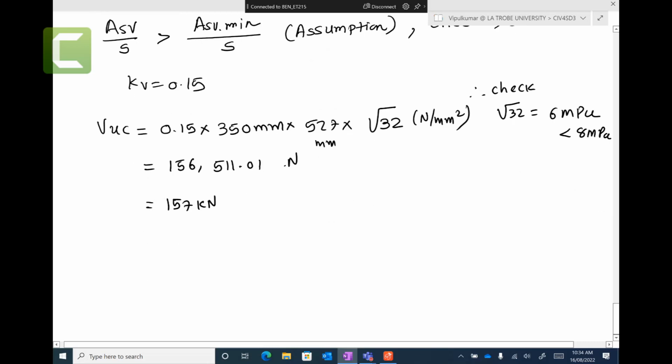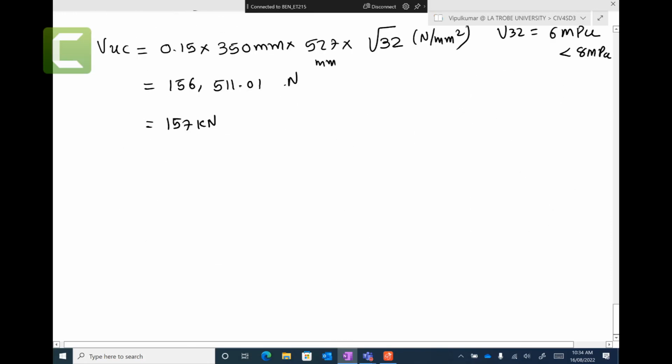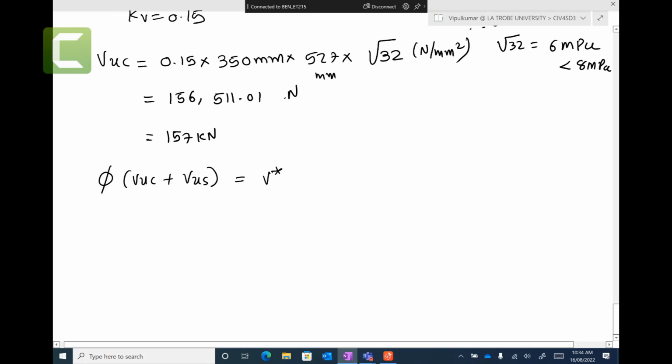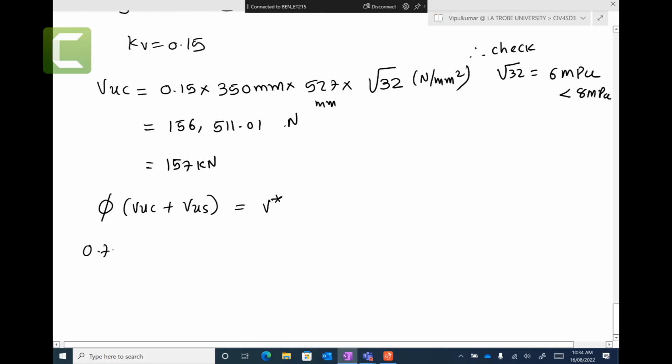Now, how much is the steel going to look after? We have these equations already that we can use. Phi times VUC plus VUS equal to V star. You remember that equation we plotted? We have a 0.75 given here.